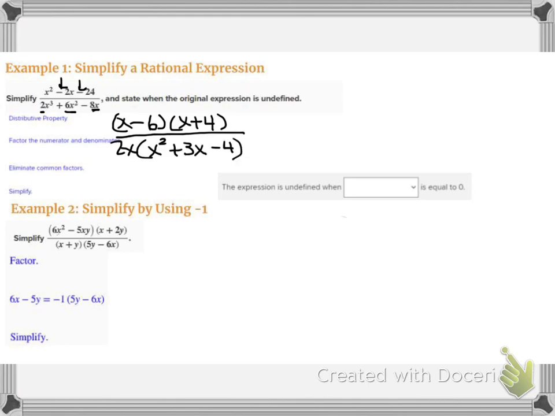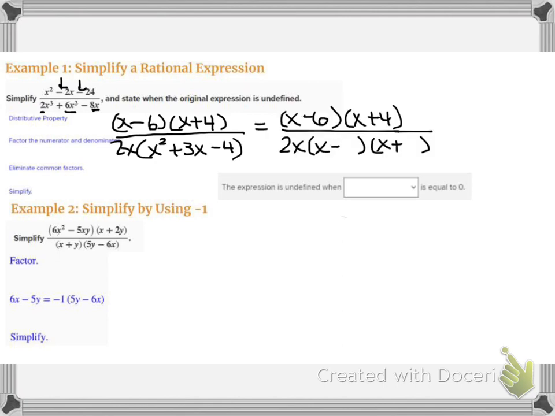So I write my denominator first, then I'll factor. Looking for a number that multiplies to be negative 4, adds to be 3. And in doing this, I do have some like terms to cancel out. I write what's remaining, and then my next step.